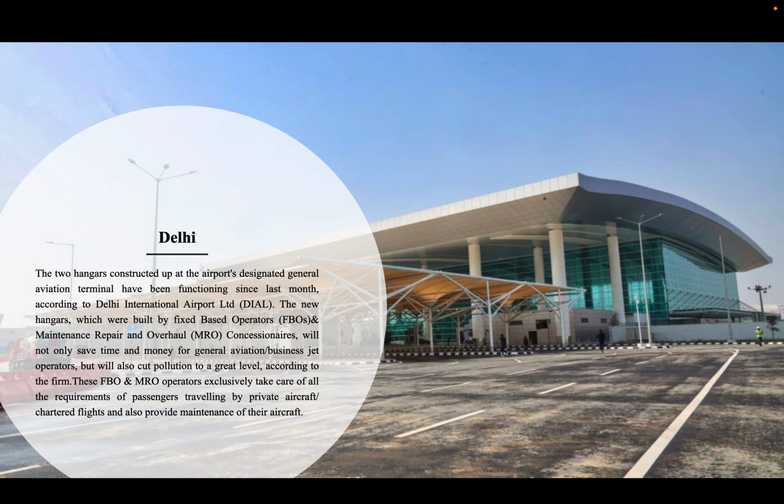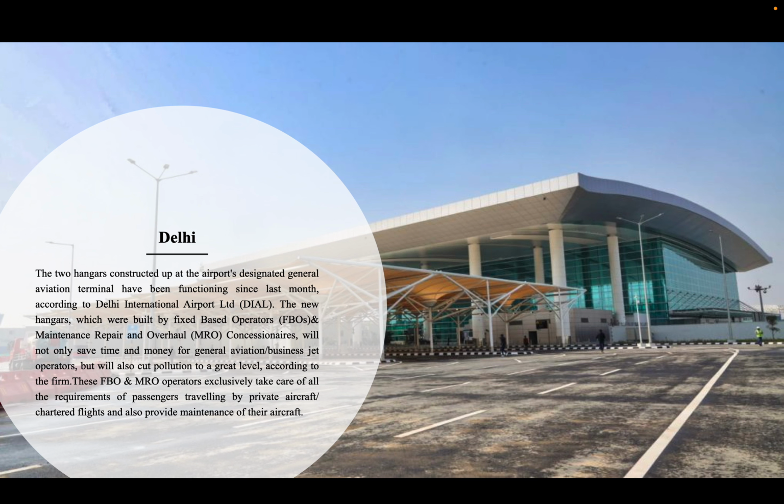Then another innovation in hangars was seen in Delhi airport. The two hangars constructed at the airport's designated General Aviation Terminal have been functioning since last month, according to Delhi International Airport Limited.